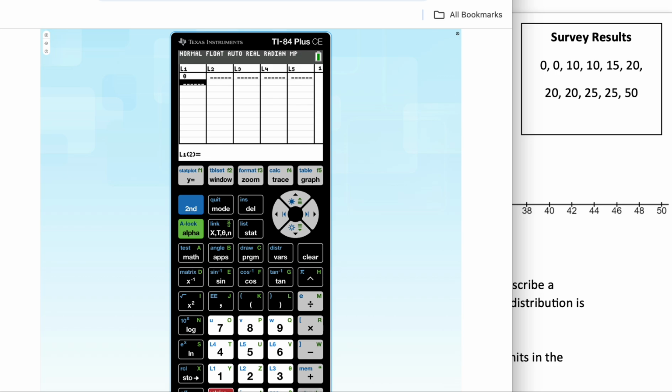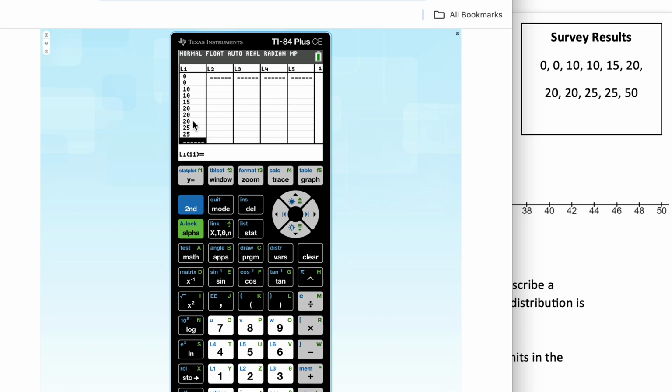0, enter, 0, enter. Okay, my next number is 10, enter, 10, enter, 15, enter, 20, enter, 20, enter, 20, enter, 25, enter, 25, enter.